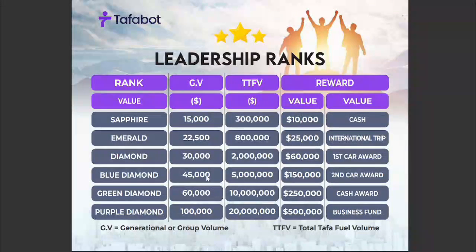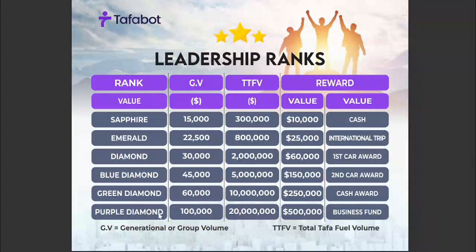Blue diamond here is 45,000, 5 million, and then you are rewarded with $150,000 and a second car award. Then you have the green diamond, which is 60,000 GV and 10 million TTFV. Your reward here is $250,000 cash award.